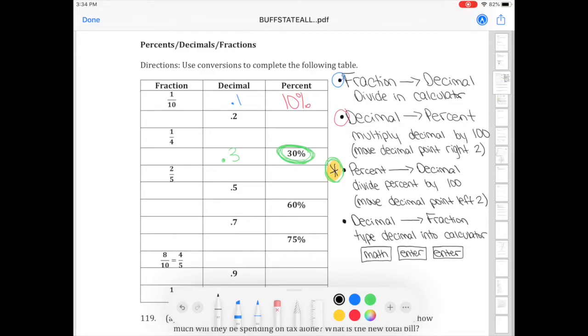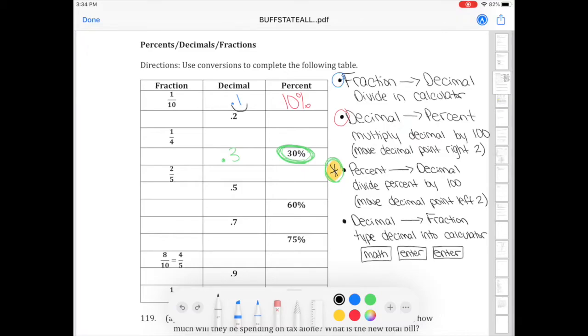And then there's a shortcut that I'd like you to notice, and I noted it on here, but we didn't really talk about it yet. So for going from a decimal to a percent, you want to multiply the decimal by 100, which we talked about, or you can move the decimal point right 2. And then going the other way, percent to a decimal, you want to divide the percent by 100 like we just did, or move the decimal point left 2.